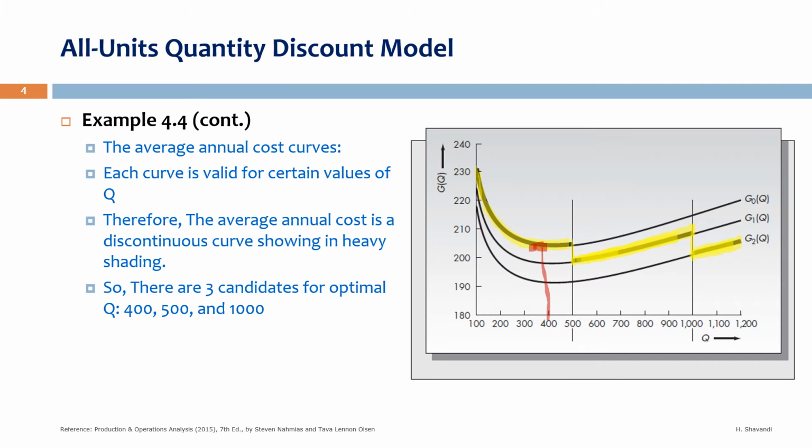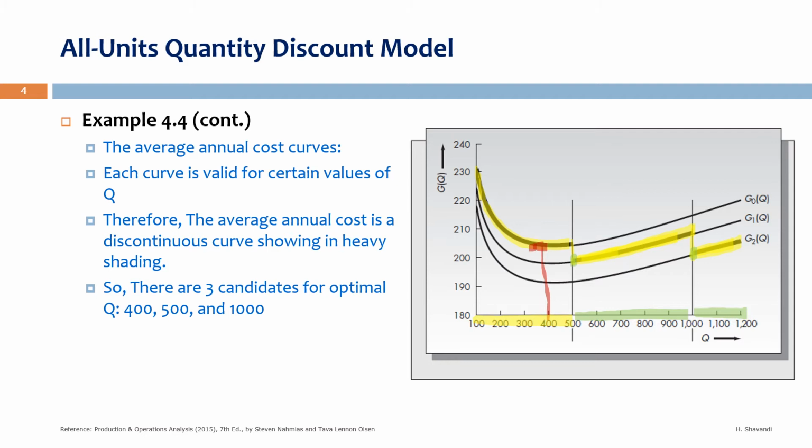So for the first interval, between 0 and 500, we have a feasible solution, which is 400 units for the EOQ. But for the next two intervals, between 500 and 1,000 and over 1,000, we don't have a feasible solution. So here the feasible solution would be 500 for the second interval and 1,000 for the third interval.